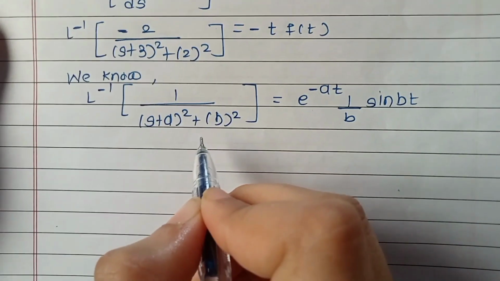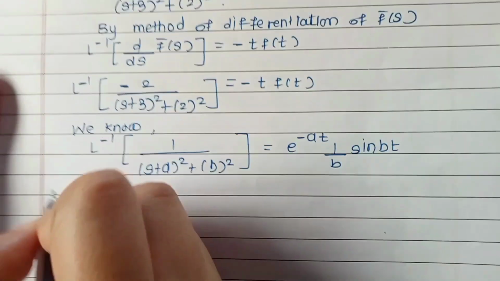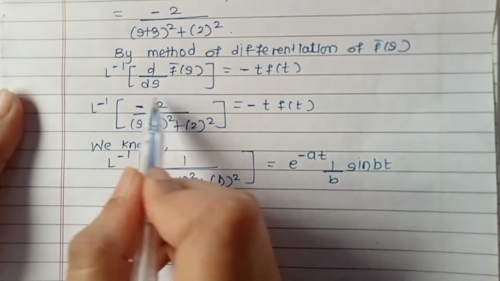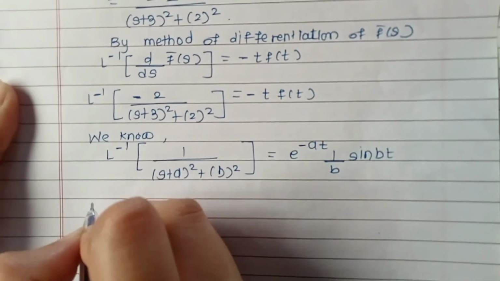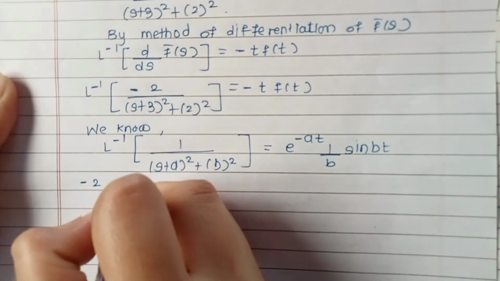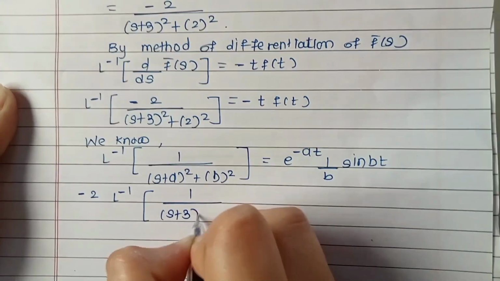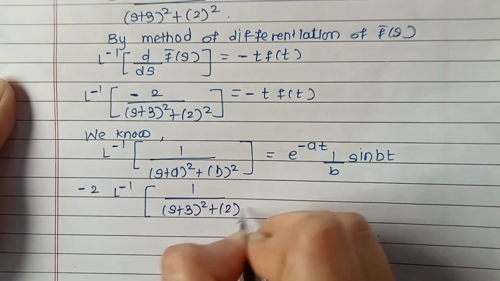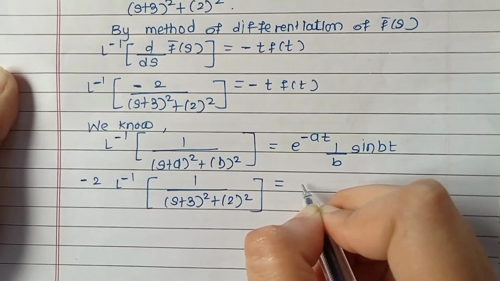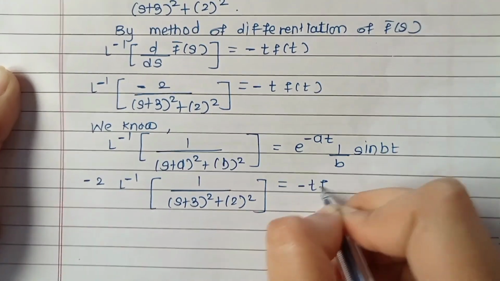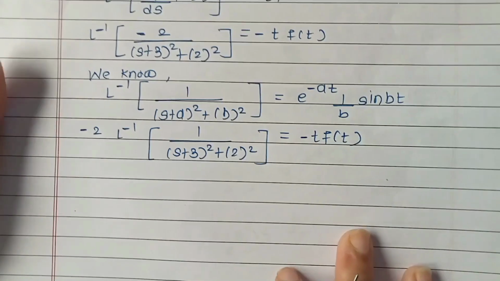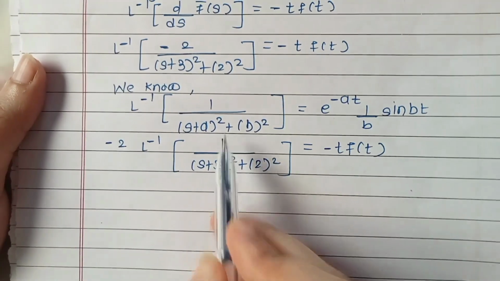Applying this formula to the above term, first of all we will take the minus 2 common out. We will get minus 2 inverse Laplace of 1 upon (s plus 3) bracket square plus 2 square is equal to minus t f of t. That's it. Now we will compare this with this formula.